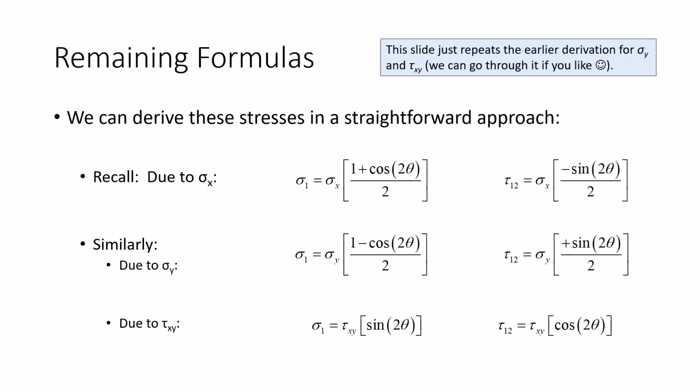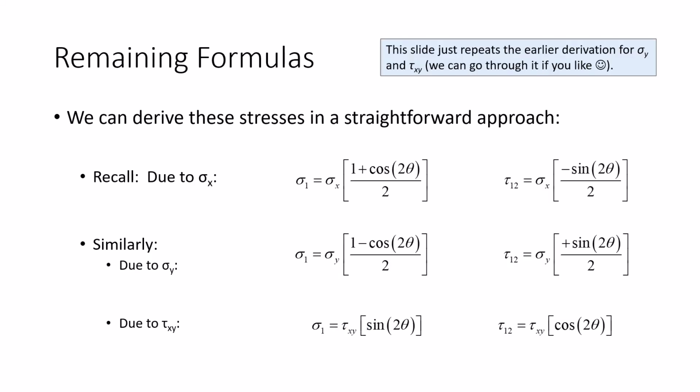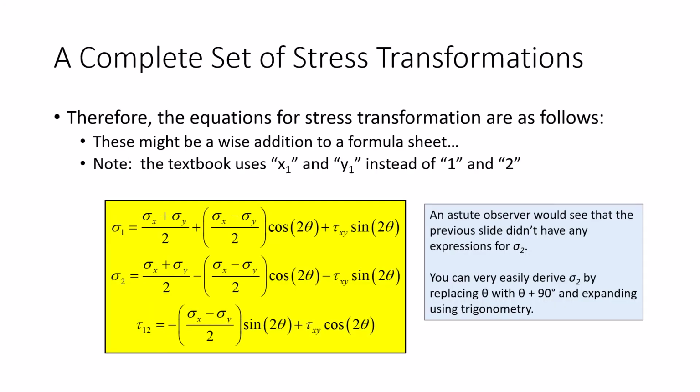Now we have an expression that can rotate sigma x to a new coordinate system, sigma y to a new coordinate system, and tau xy to a new coordinate system. So all I have to do is collect that and simplify. Now, an astute observer would look at this previous result and very easily derive sigma 2 by just replacing theta with theta equals 90 degrees.